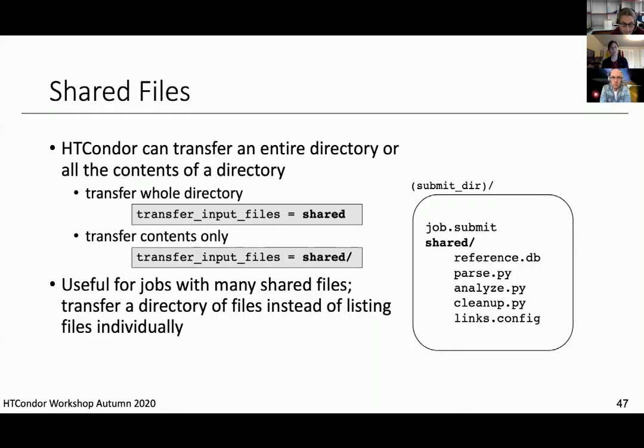So just a few notes on ways to organize. When you use transfer_input_files, you don't need to transfer individual files. You can transfer a whole directory or the contents of a directory, depending on whether or not you use the slash. So you see an example of what that might look like here.